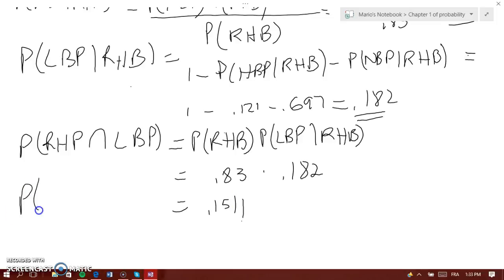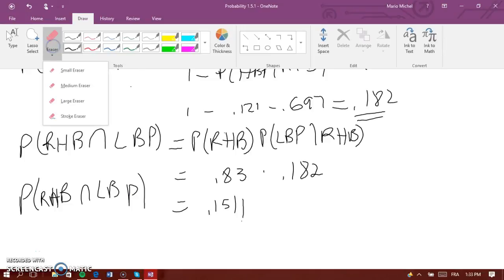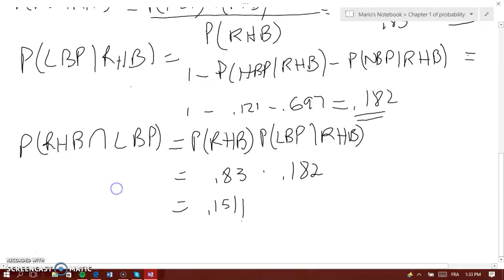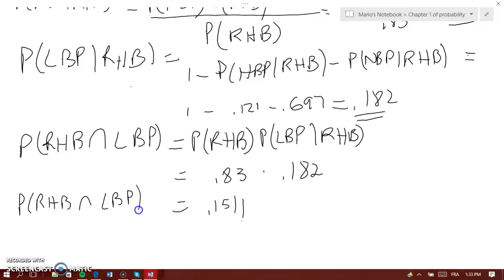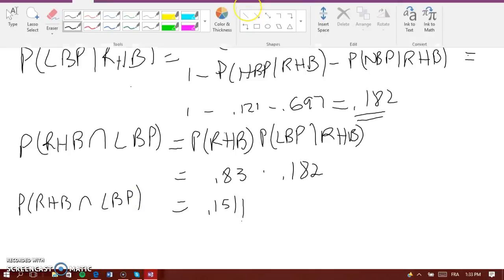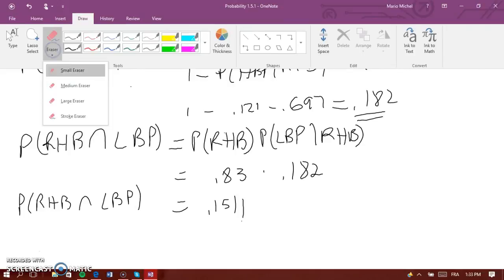That's the probability of regular heartbeat and low blood pressure, 0.151.